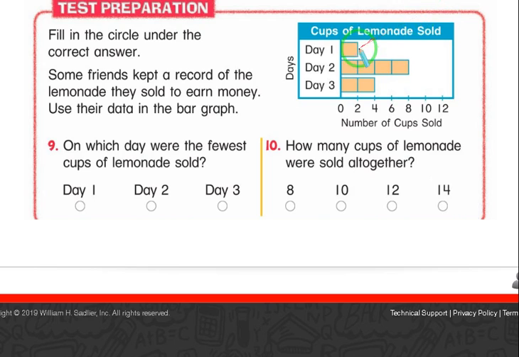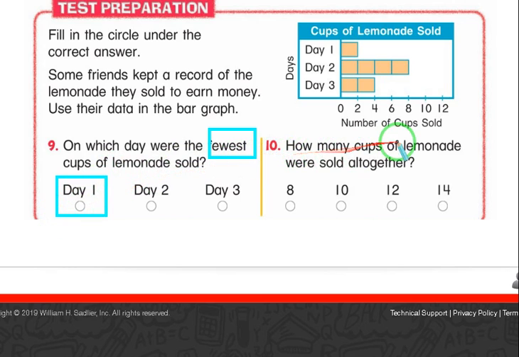Look, day 1, only 1 cup of lemonade. Day 2, 1, 2, 3, 4, 4 cups of lemonade. And in day 3, 2 cups of lemonade. So let's check this one. Which one was the fewest? Can you please put a circle on this word? Fewest. The least. So the answer is day 1. Day 1, only 1 cup of lemonade.